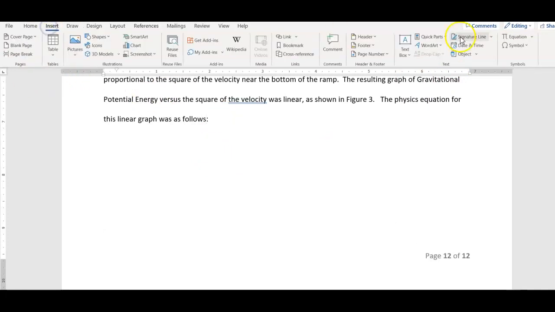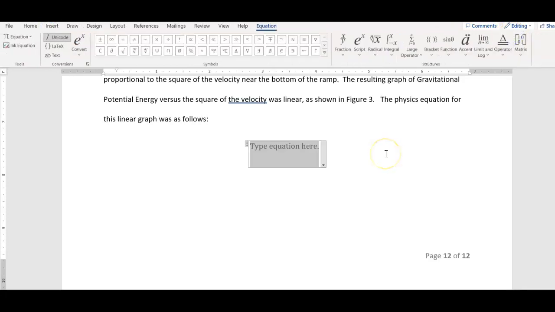It would be nice to put it in equation editor here, but I've got gravitational potential energy. I want to put my slope in parentheses. I don't remember the number. I'm just going to say 1.59. It was joules divided by meter squared per second squared.